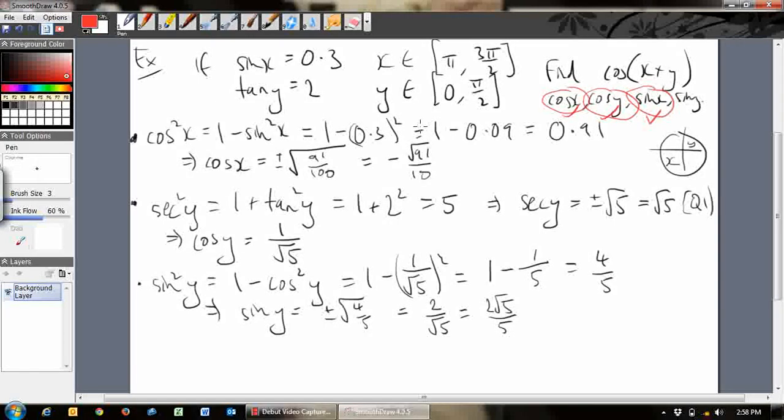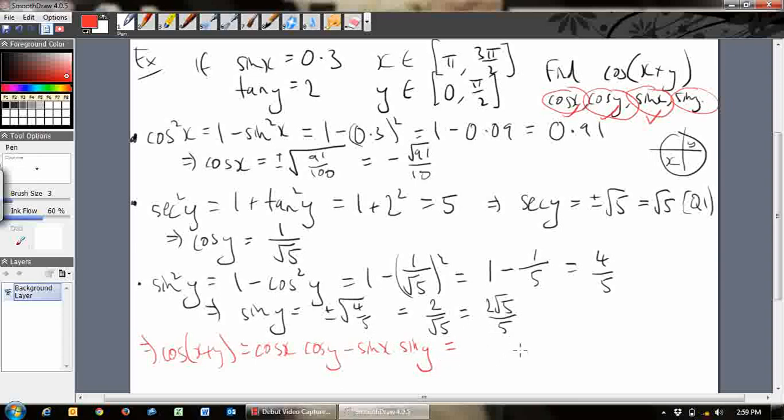So we now have everything we need. It's a bit of work. We've got our sine y, so therefore cos x plus y equals, and I'll write out our formula now. Looking at my formula sheet, cos x plus y is equal to cos x cos y minus sine x sine y.